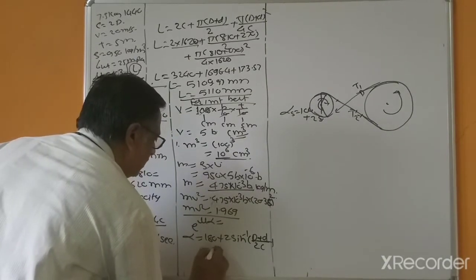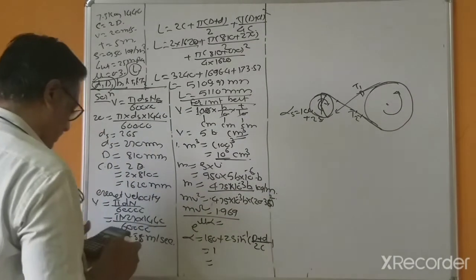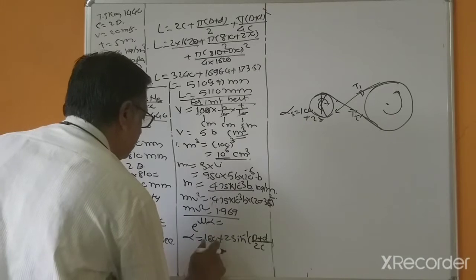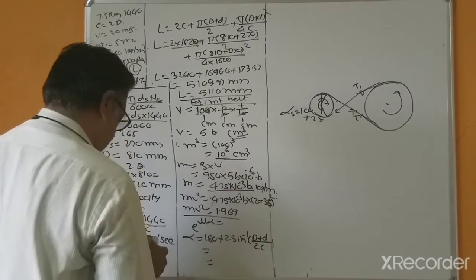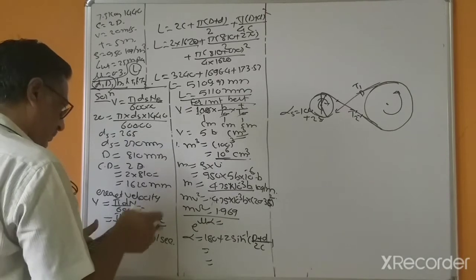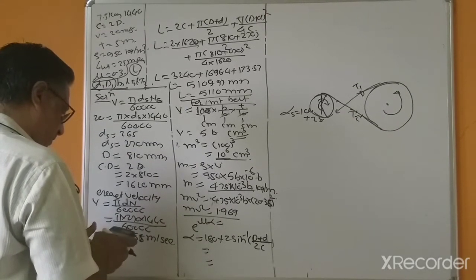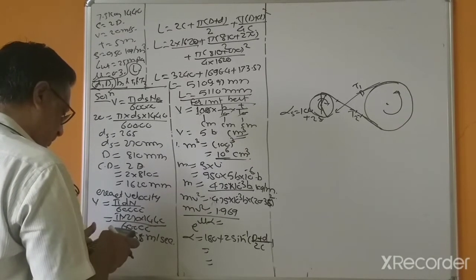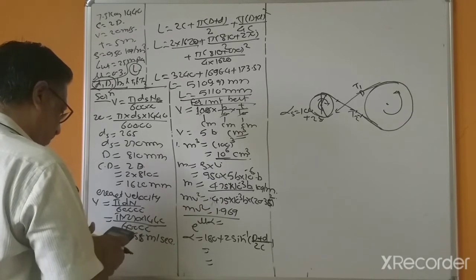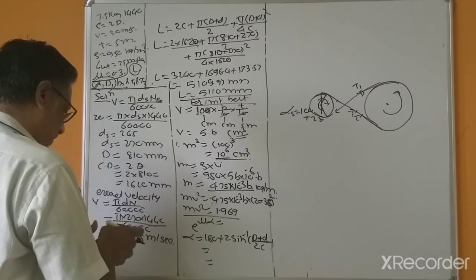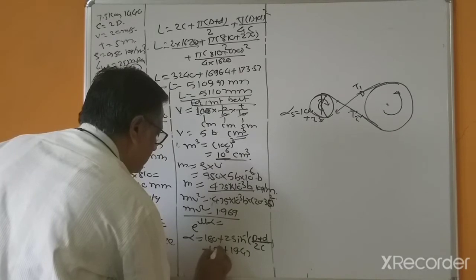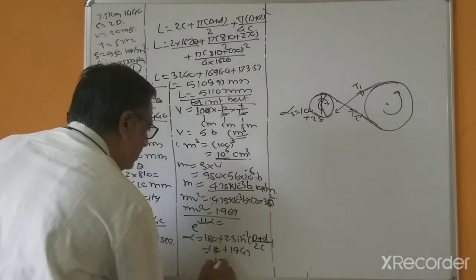So this is... directly, otherwise you may be confused. 270 plus 810 divided by 2 divided by 1620, inverse of sine is 19.47 and this is 180. 199.47, this is degree.